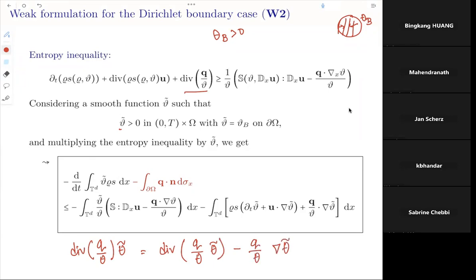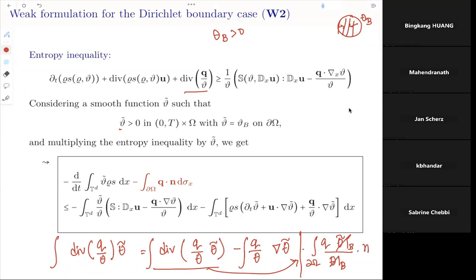Now, if we integrate this term, it gives us something like Q theta tilde at the boundary divided by theta at the boundary, so roughly on the boundary of omega after the integration by parts. And these two cancelled, obviously, it's n.